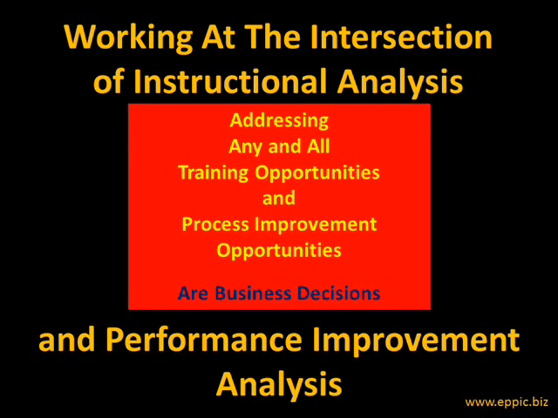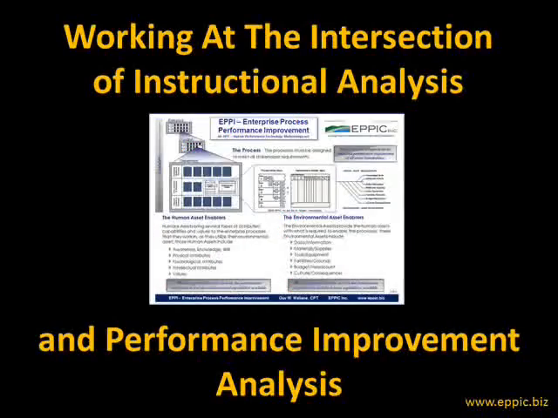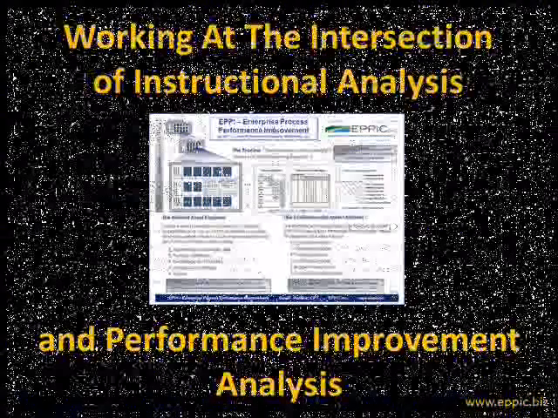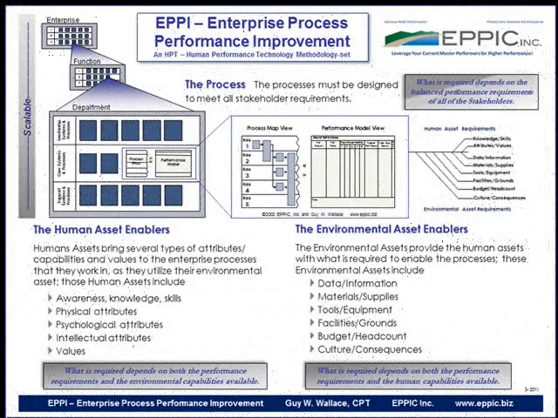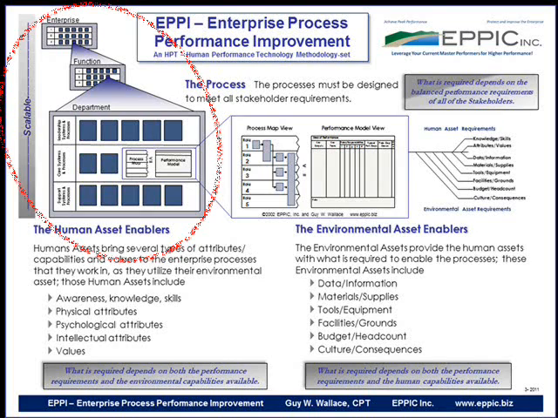At the intersection of instructional analysis and performance improvement analysis are the business processes, the enterprise processes themselves. In my big picture of enterprise process performance improvement, EPPI, I look at three major sets of variables to impact the process.